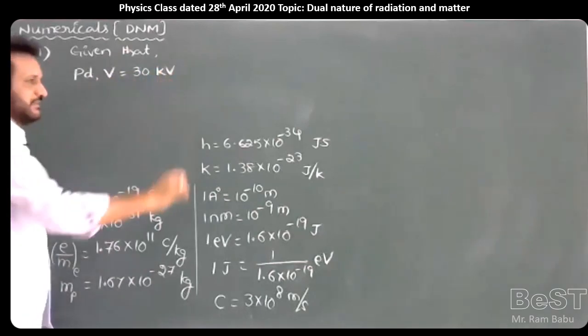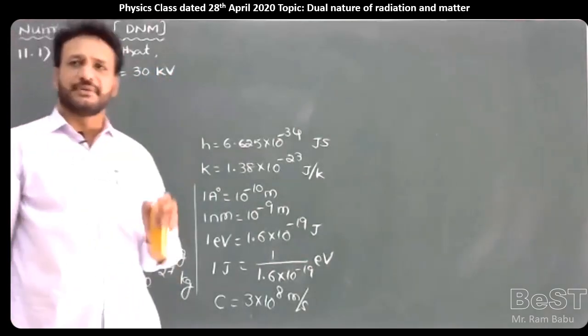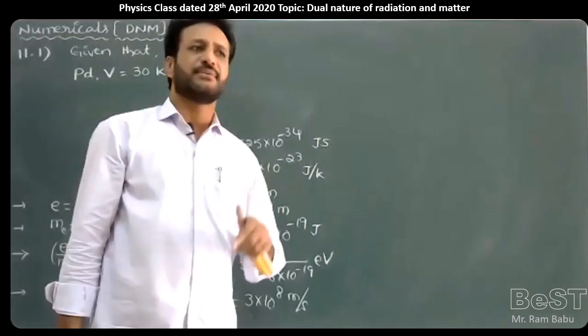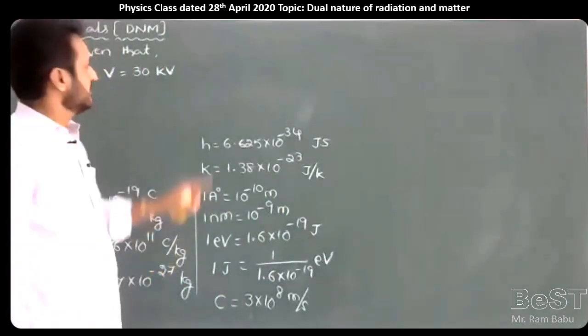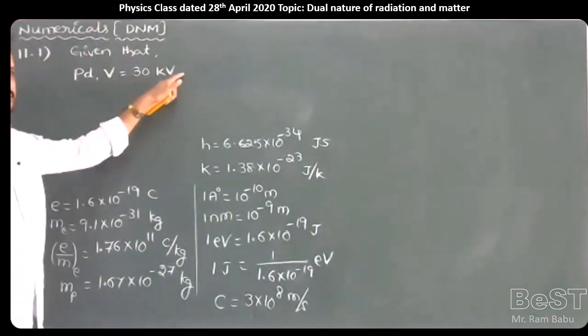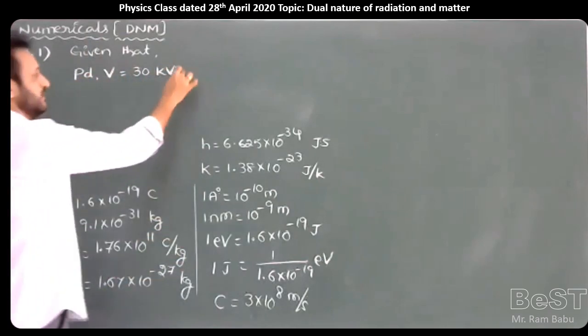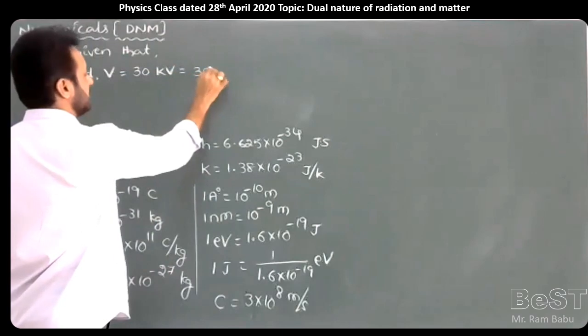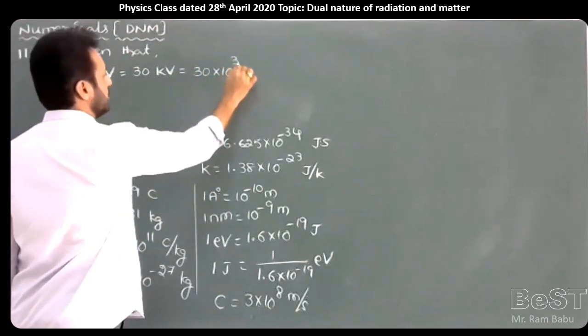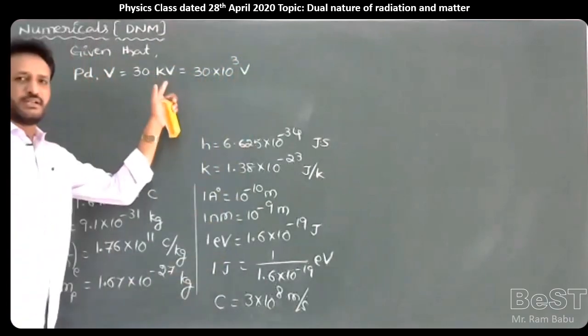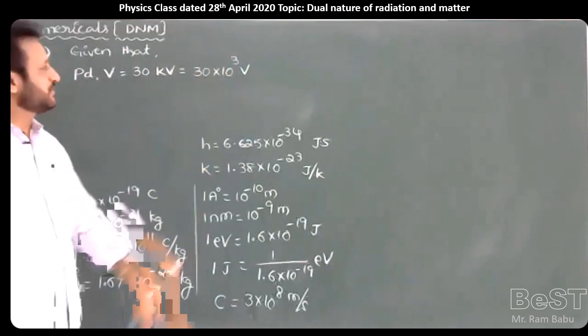Here the kilo given should be converted into a normal value, that is 30 into 10 to the power of 3 volt. In place of kilo, I am writing 30 into 10 power 3.